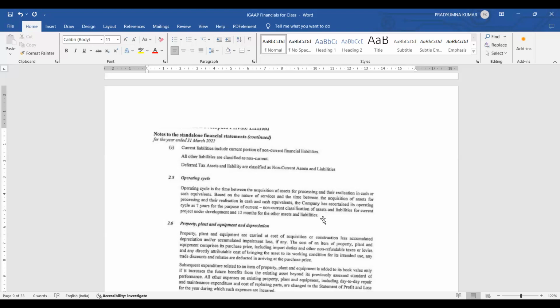So anything relating to their business, if it is within 7 years, then it is current. Above 7 years, it is non-current. For other assets and liabilities, they say it is 12 months. Apart from business related items, suppose they have taken some term loan or something like that, then it will be considered within 12 months. That is what they are trying to say.